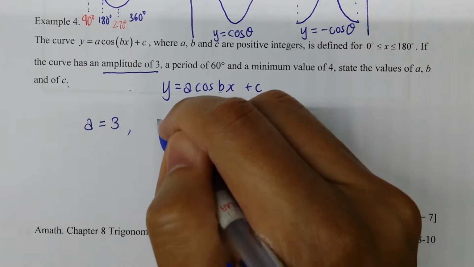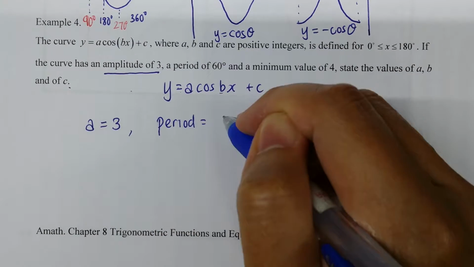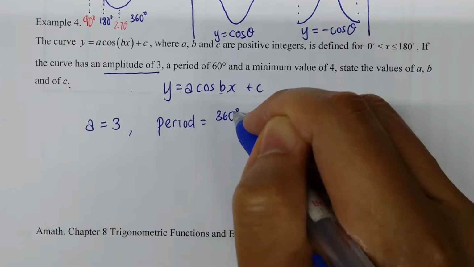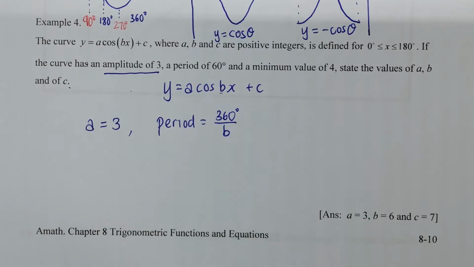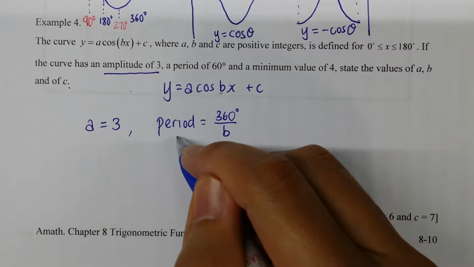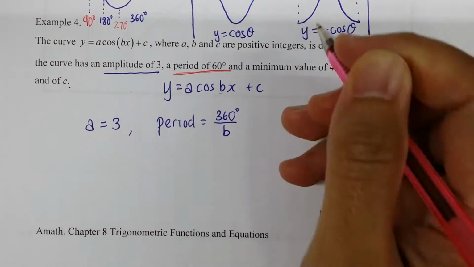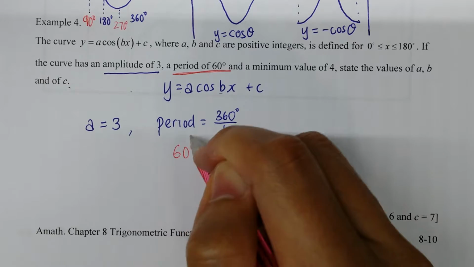let's find out. The formula for period is this. Period is always 360 degrees divided by b, right? Correct. So now the question says the period is 60 degrees, so instead of writing period, I write 60 degrees.